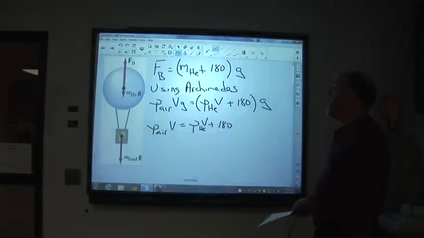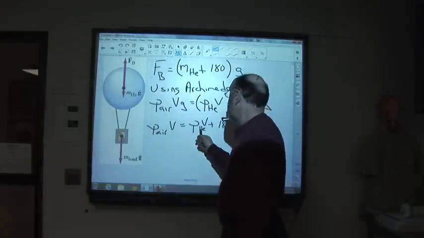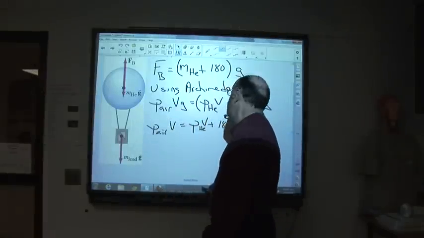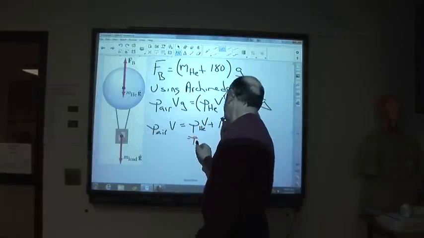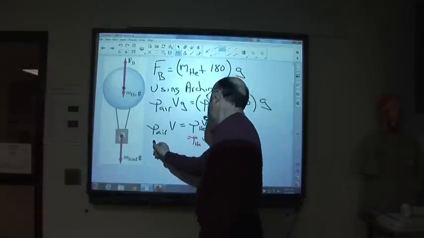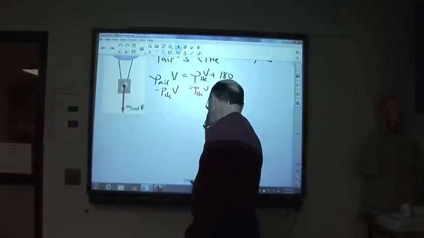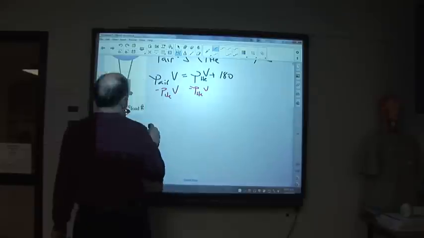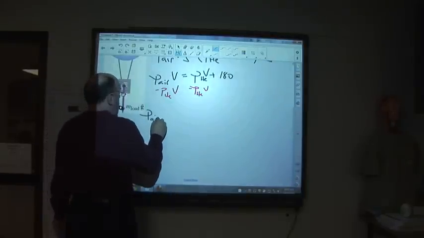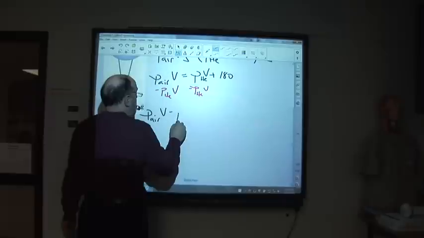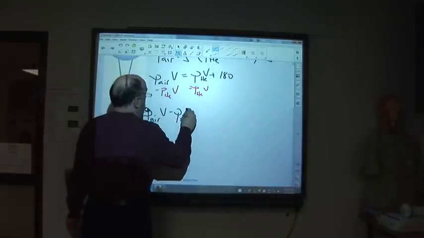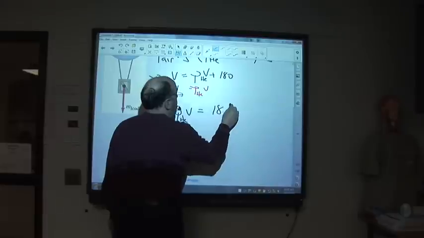Again, we want to solve this for V, so I need to get my V terms on the same side. So let's take this over to where the air is. So we subtract this one out. So we end up with the density of the air times V minus the density of helium times V is going to equal 180.